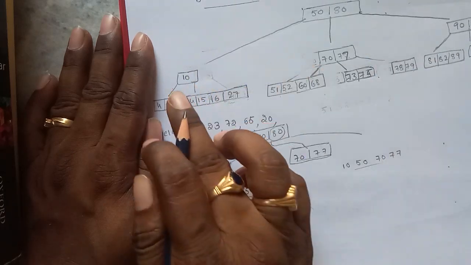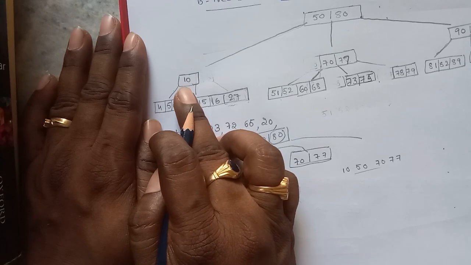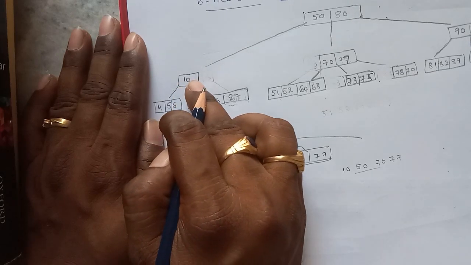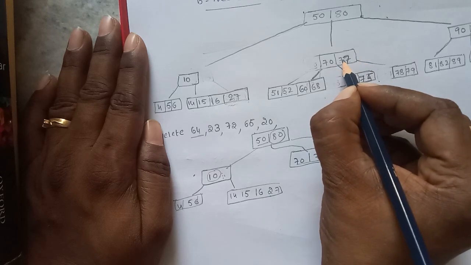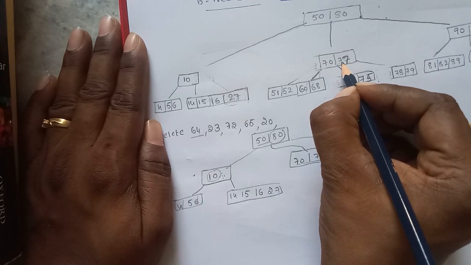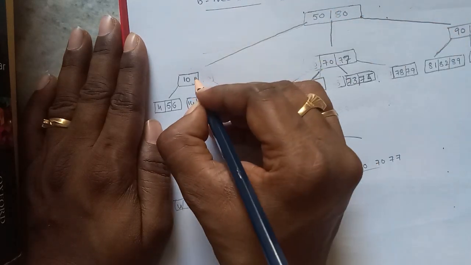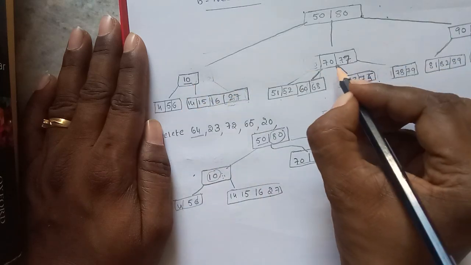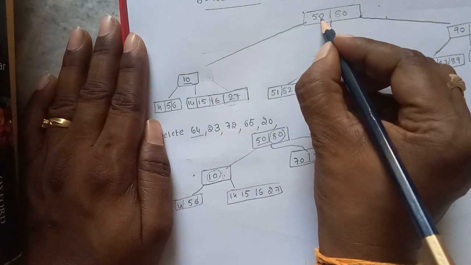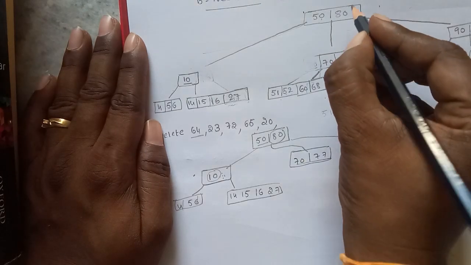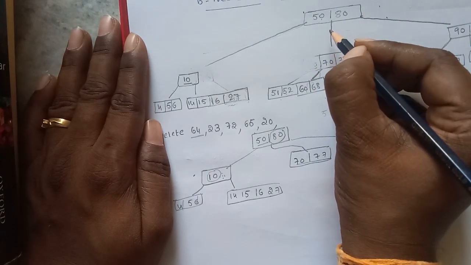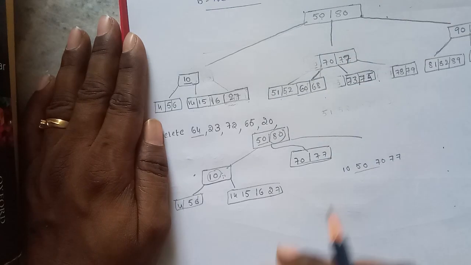Now it contains only one element, but it is not allowed, because the minimum keys required are 2. So check for the right sibling. The right sibling also contains the minimum keys, so it is also not possible. Then what to do? Perform merge operation of this 10 with 70, 77 and with 50. Now the tree becomes 80 with left child.